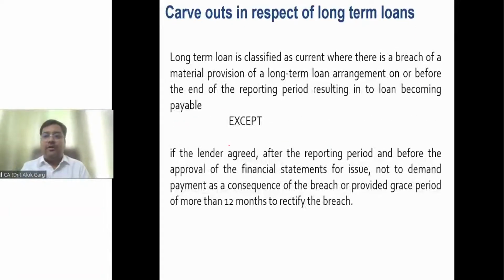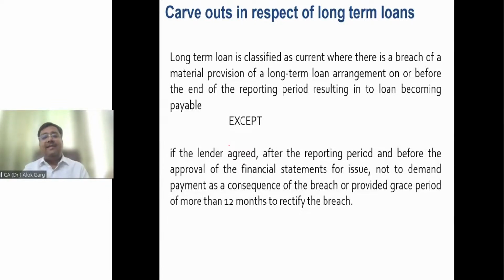Carve out in respect of long term. Remember in the first lecture, introduction to Ind AS and roadmap for applicability, I discussed that in IFRS, if the loan is long term in nature, the loan is a non-current liability on the reporting date, and the company has defaulted on the conditions of the loan, and due to which the loan is repayable on demand, it will be converted into current liability in IFRS as well as Ind AS, right?